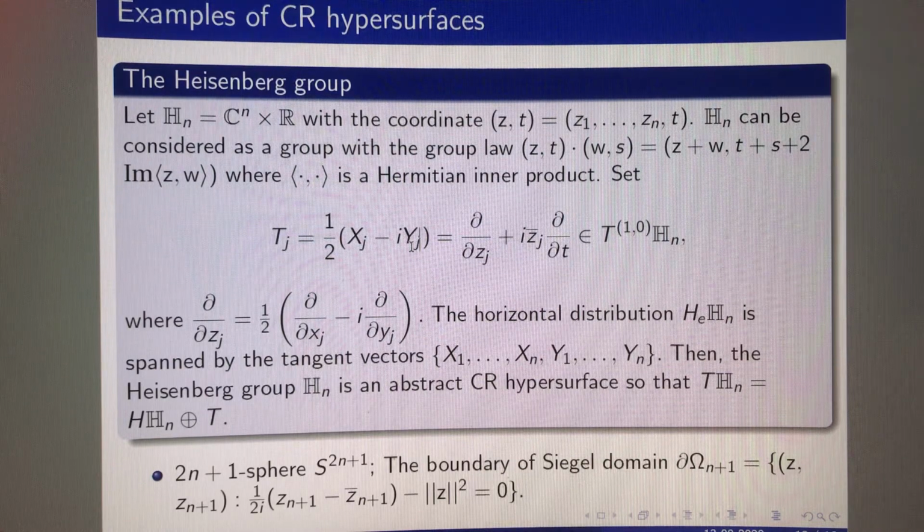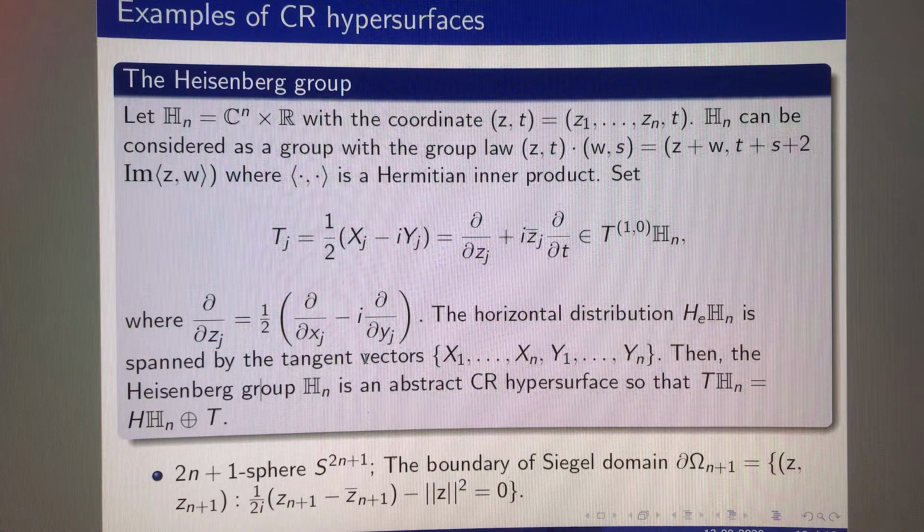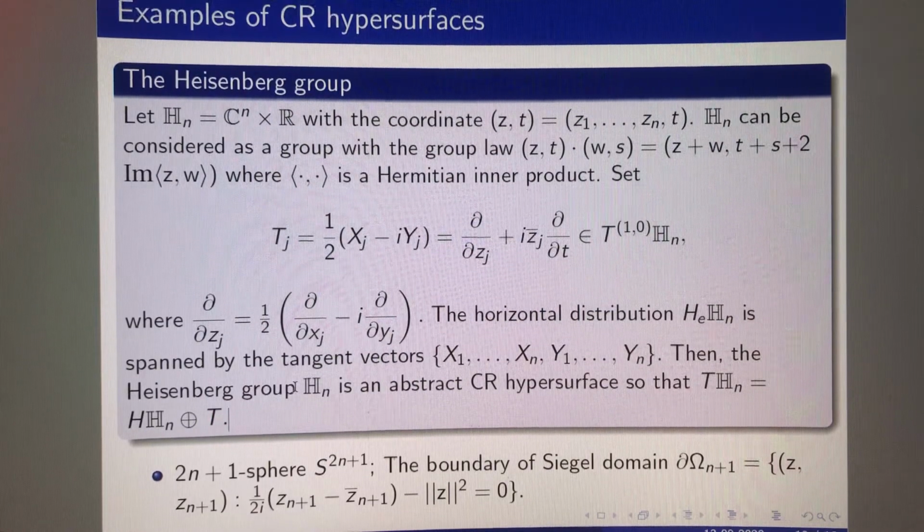And also notice that the Lie bracket of those vector fields has the relation that the Lie bracket of X_j and Y_j is actually equal to only one element, T. So with those two conditions, we can say that the Nijenhuis tensor on the horizontal distribution is actually zero, and hence the almost complex structure is exactly a complex structure, and the horizontal distribution can be complexified, and the Heisenberg group is indeed an abstract CR manifold of type (n, 1), because we only have one element T in our codimension.